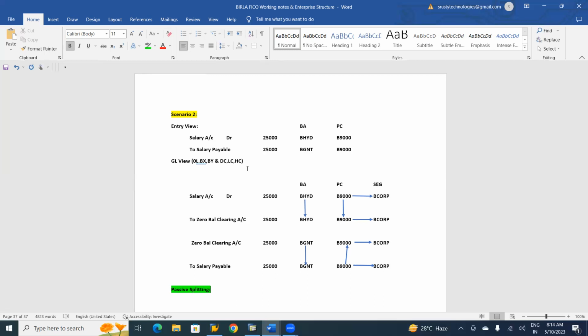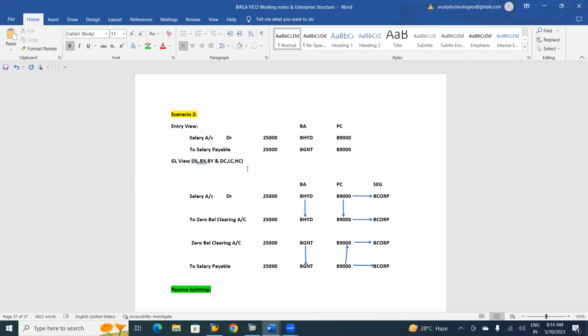Reference document is nothing but at the time of payment. Automatically it will happen, we won't do manual intervention. Clear? Then that type of splitting, we call it a passive splitting. Is this clear, everyone? Any questions?